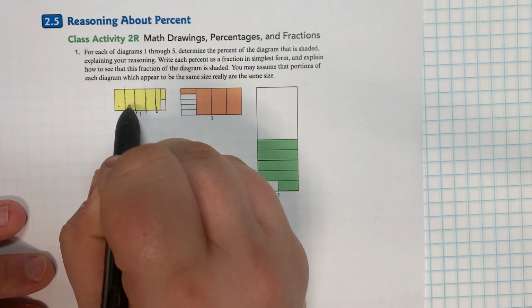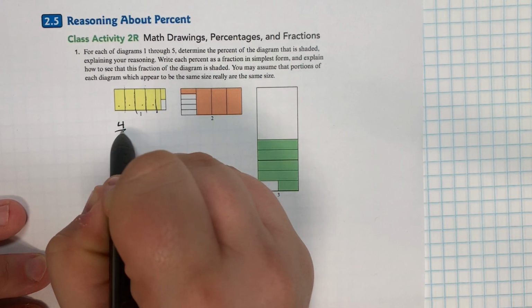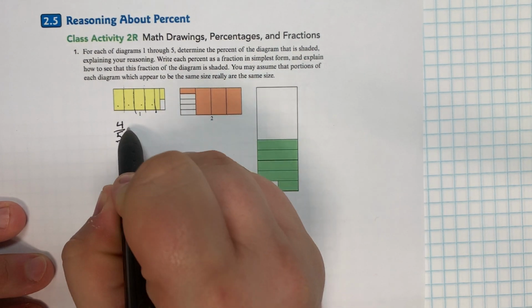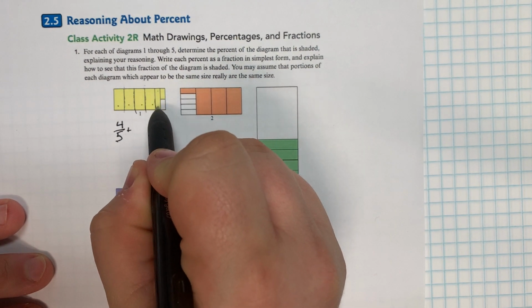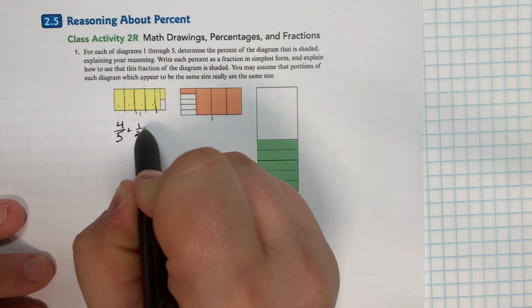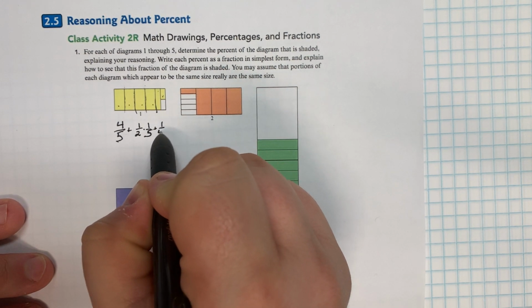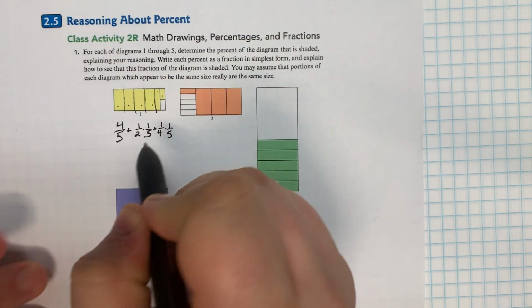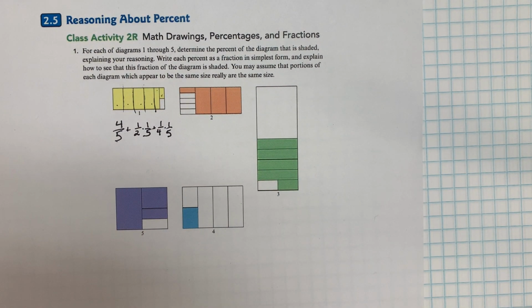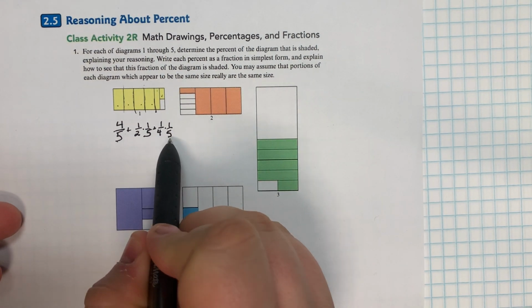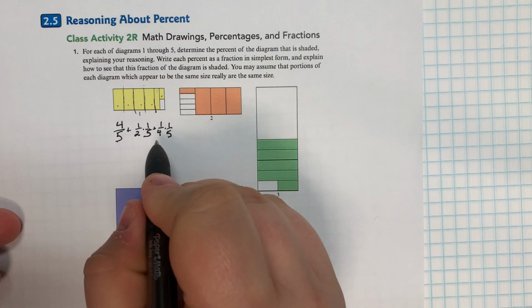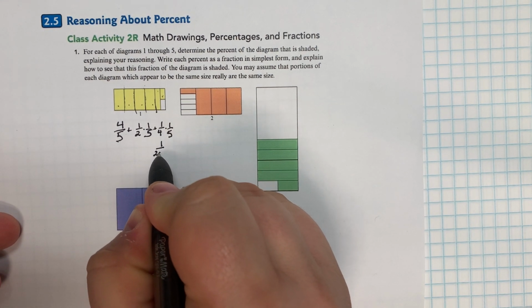So here we have 1, 2, 3, 4/5. And then we have 1/2 of a fifth and 1/4 of a fifth. If we add those up, it looks like our common denominator is 1/20th, since 1/4 of a fifth is 1/20th.